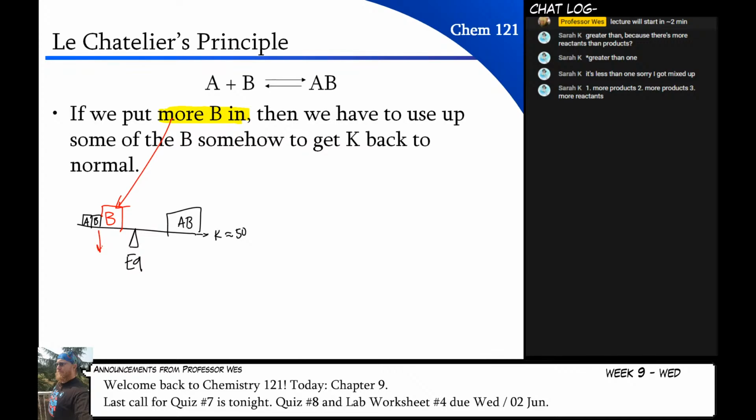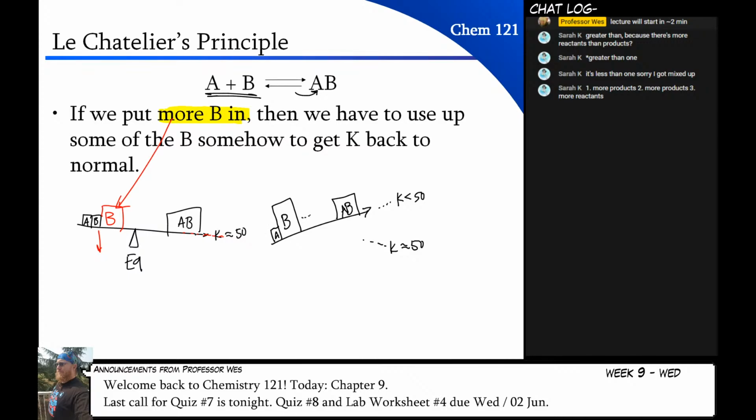So what would end up happening is this would sink. And I would no longer be pointing at K equals 50. Instead, what would happen is that would look like this. Here's where I should be. Okay, how do I get my reaction to go back to equilibrium? Well, I need to react A and B to form more AB, right?